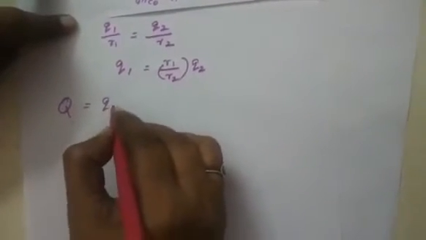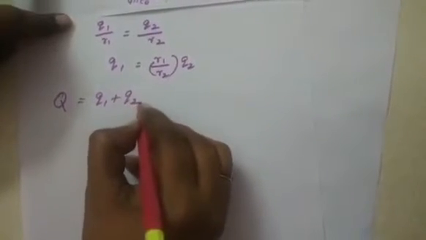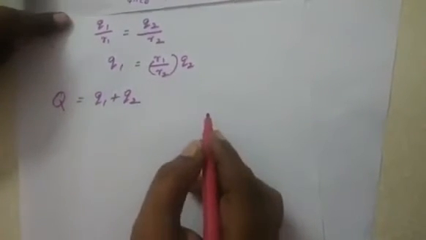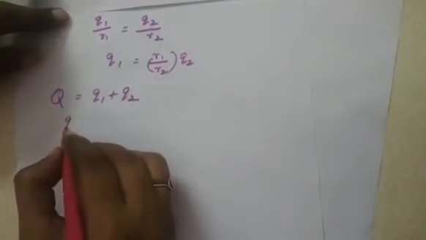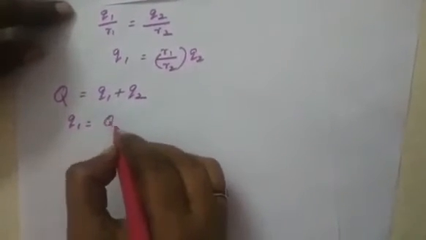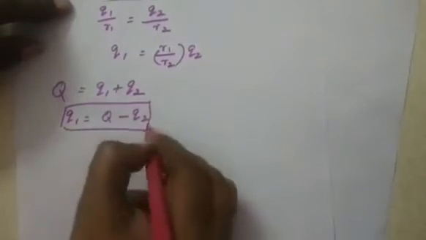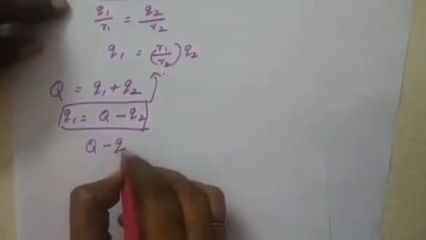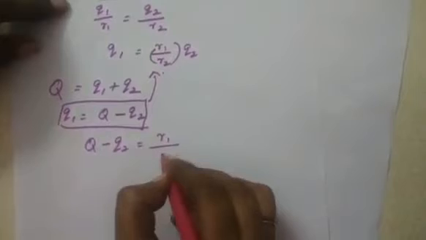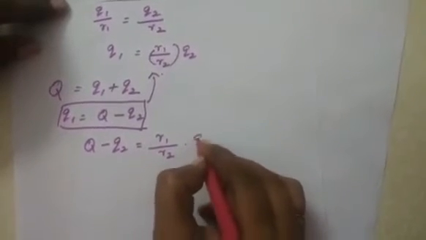இதுதான் வந்து உனக்கு என்னவாயிரும், Q1 plus Q2 due to the conservation of the total charge. From this equation, I am getting Q1 is equal to Q minus Q2. This value should be substituted in this equation, that is Q minus Q2 is equal to R1 by R2 into Q2.